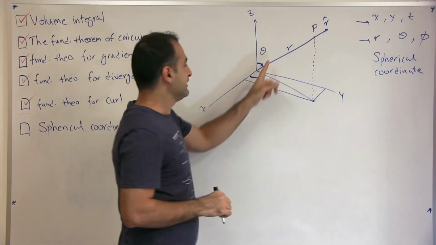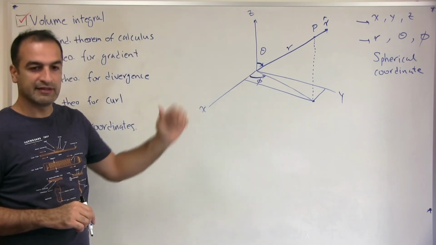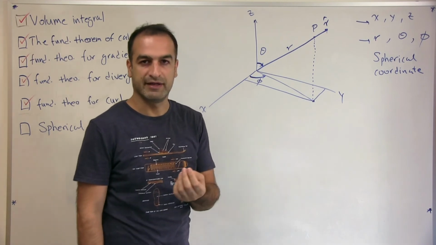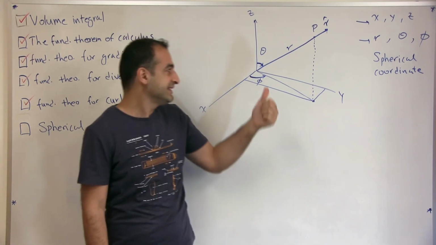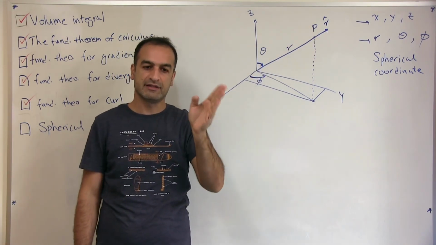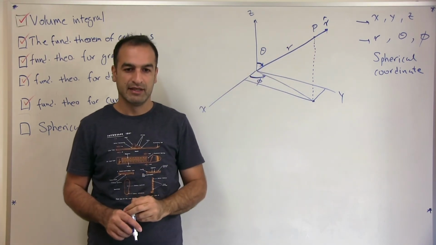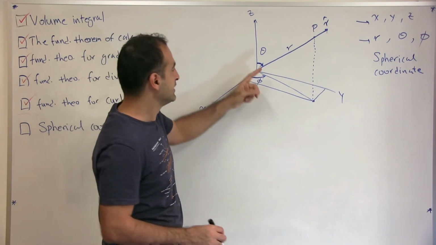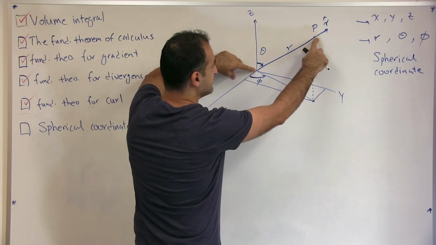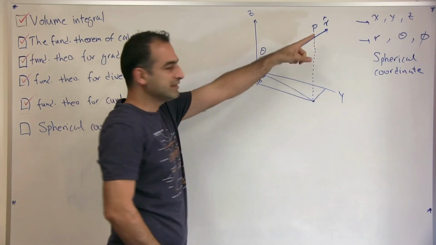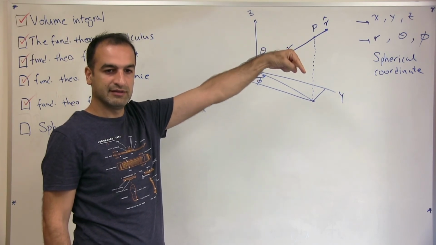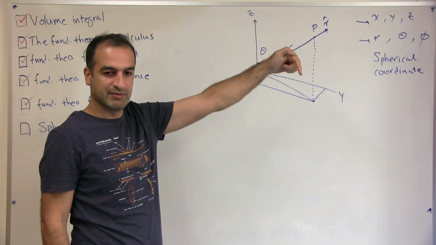How do you think about theta and phi? Let's look at theta first. I want to choose the direction of a unit vector in a way that if I increase theta, my point P moves in the direction of theta hat. So think about this: you keep r constant, you keep phi constant, and you increase theta a little bit. What direction is the point P moving? This way? That way? It's moving down this way.